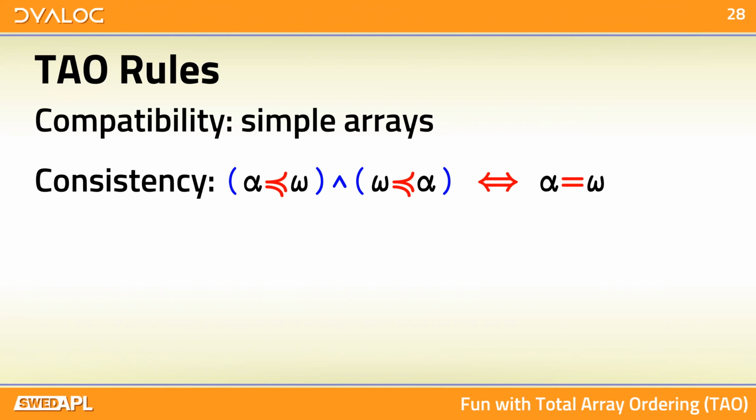And if one precedes or is identical to the other, and also the reverse, the second one precedes or is identical to the first one, then it comes out that they are identical. We can't have inconsistencies where we grade two different arrays, and depending on the order they appear in, grade will respond that they have to be in a different order. It's a strict, consistent rule set that there is an ordering between all different arrays.